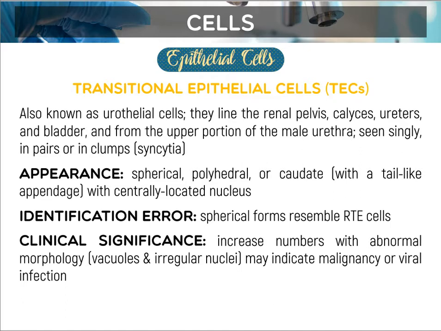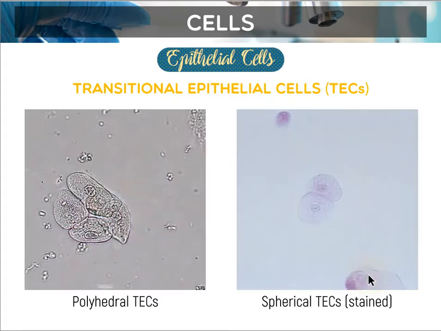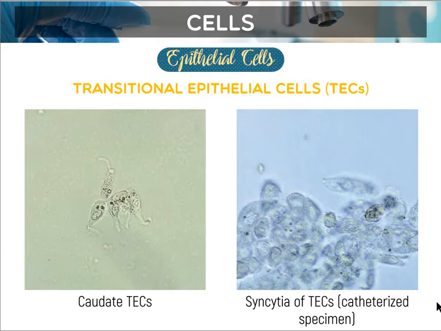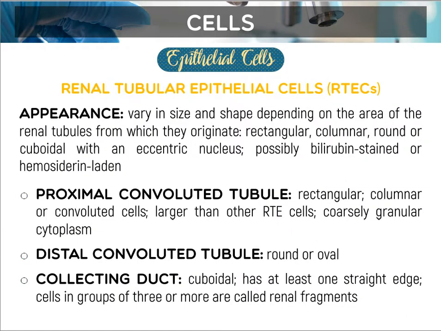One way to aid identification of transitional cells is the use of supravital staining. Here we have polyhedral, spherical, the caudate with appendages, and syncytia.